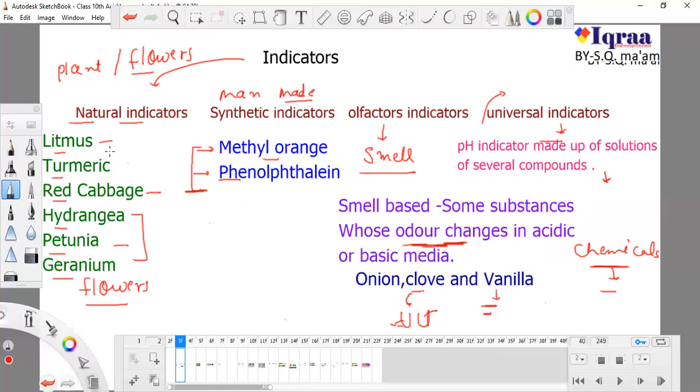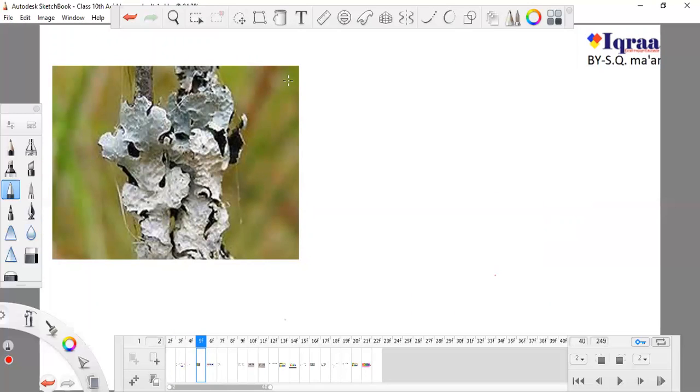pH. Now I'm going back to litmus. This is litmus paper. Litmus is actually a plant, no, lichen actually. Litmus is an indicator.